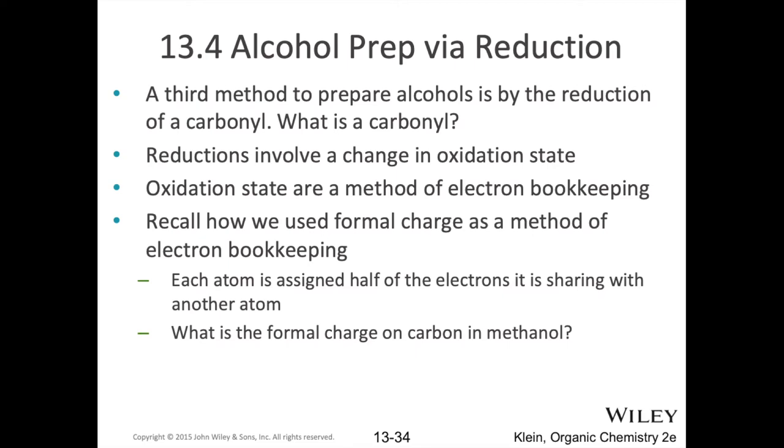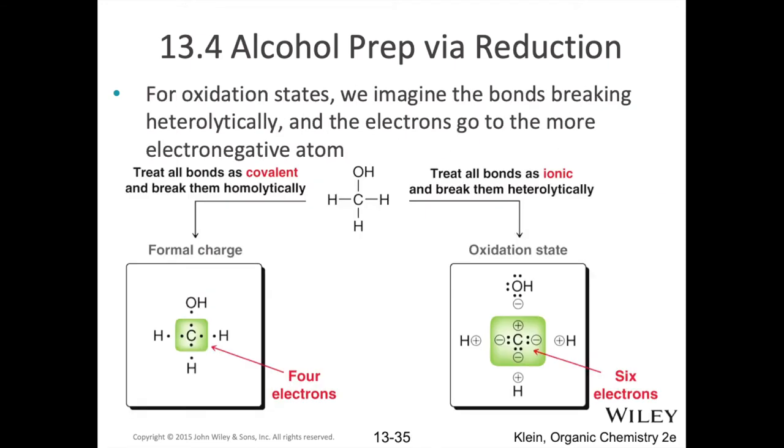Okay, so just to recap what oxidation entails, or how we assign oxidation numbers. This is probably a slightly different way of looking at it than you might remember from Gen Chem. But if we were to look at methanol, okay, and we were to just break all of these bonds homolytically, right? We treat them all as covalent bonds.